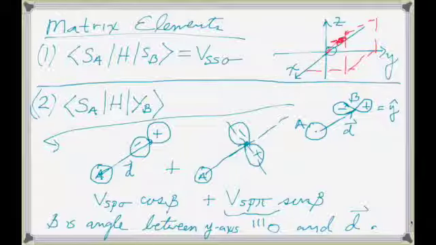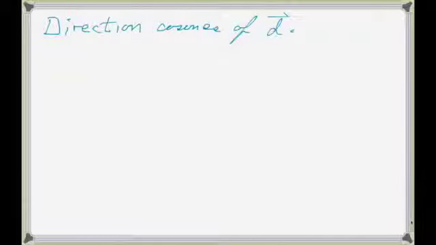And we're going to be using these direction cosines a lot, so it's something you probably haven't thought about for a while. The direction cosines of this d vector are going to pop up all over the place, because we're going to be projecting our p orbitals parallel to d and perpendicular to d. D is a vector. I guess what I really will be talking about is just d hat, the unit vector in the d direction.